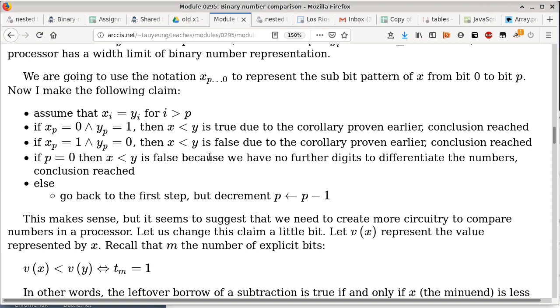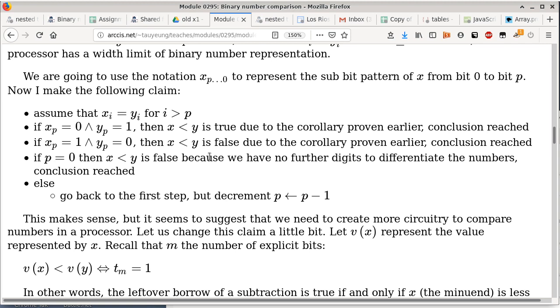Now we look at just bit 31, which is what p is. Assume p is 31 to compare two 32-bit numbers. We focus on that one single bit, x subscript 31 versus y subscript 31, which is the most significant bit that can differ between the two numbers.